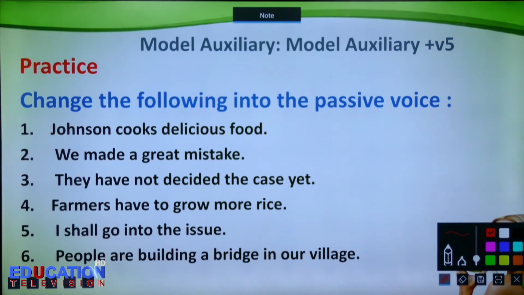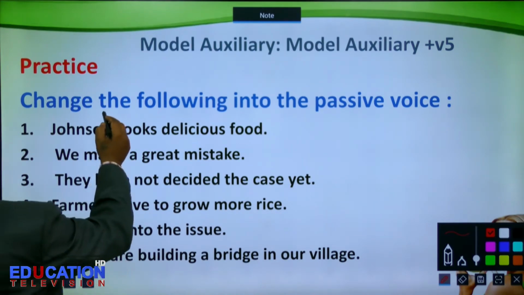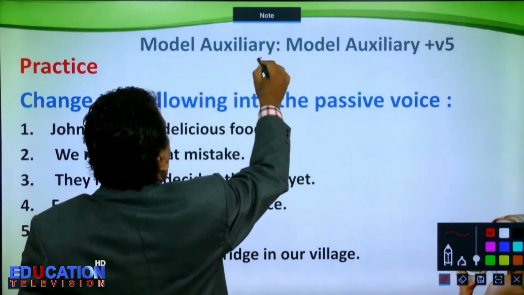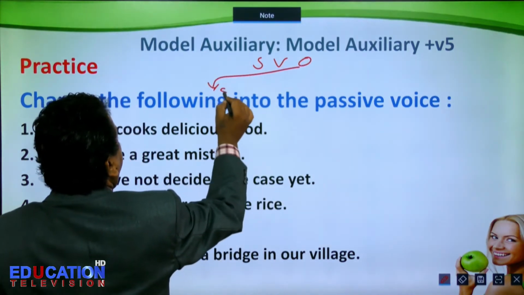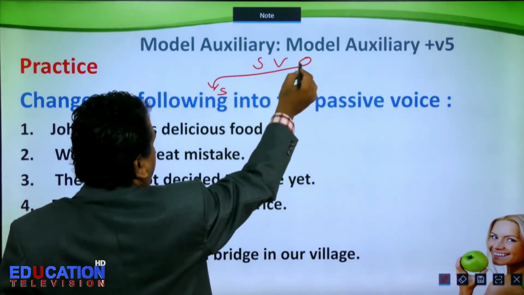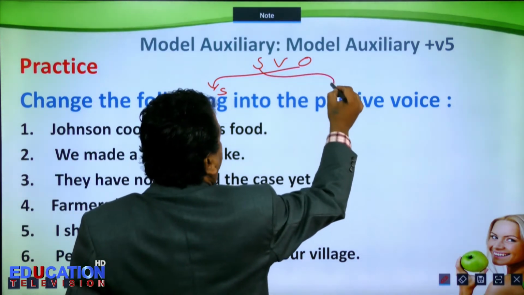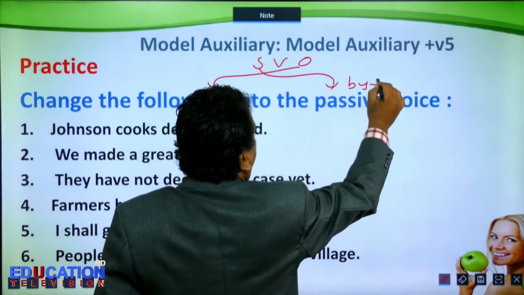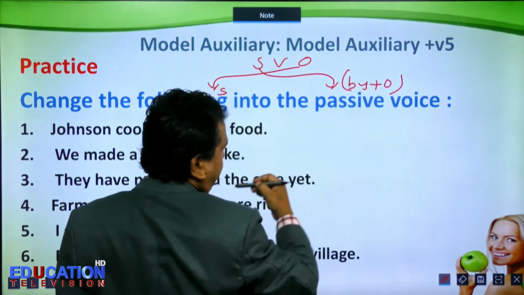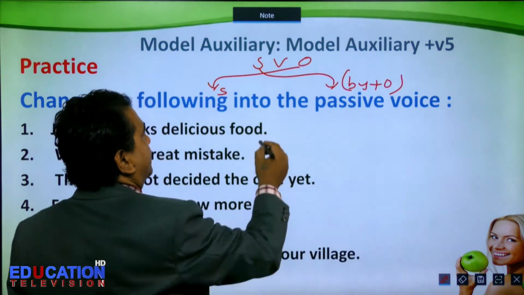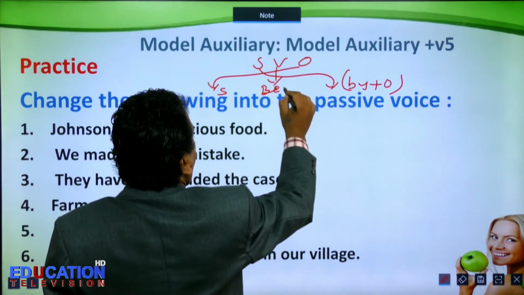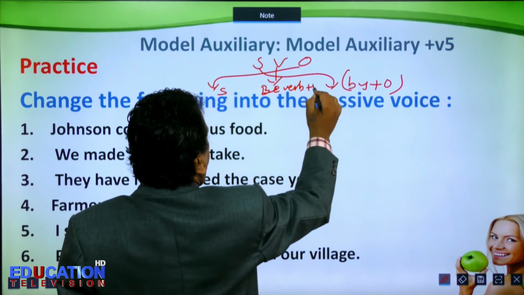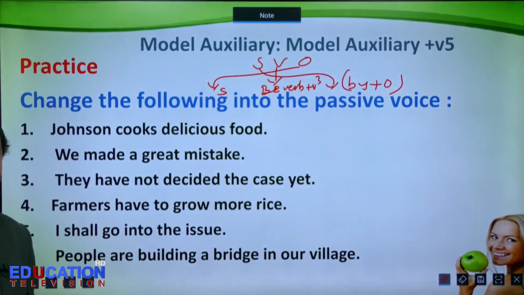Johnson cooks delicious food. Remember, as we have already known, SVO. O has to be drawn here as subject. Subject becomes by plus object only when it is a noun. If a pronoun, we don't need to. Now here we have to write be verb plus V3.